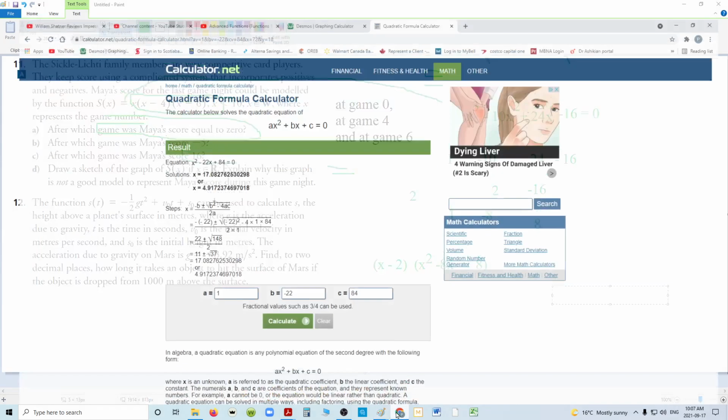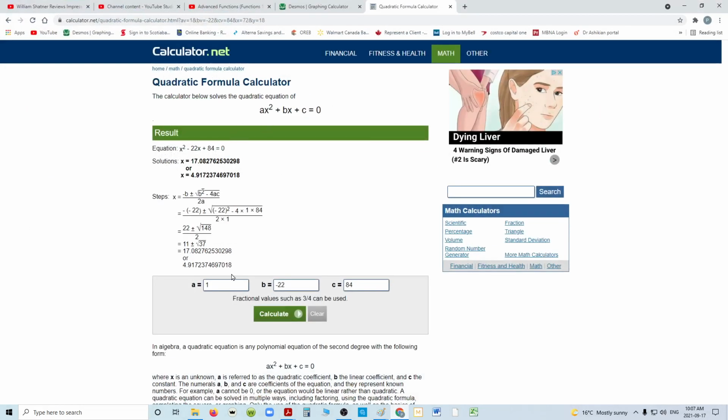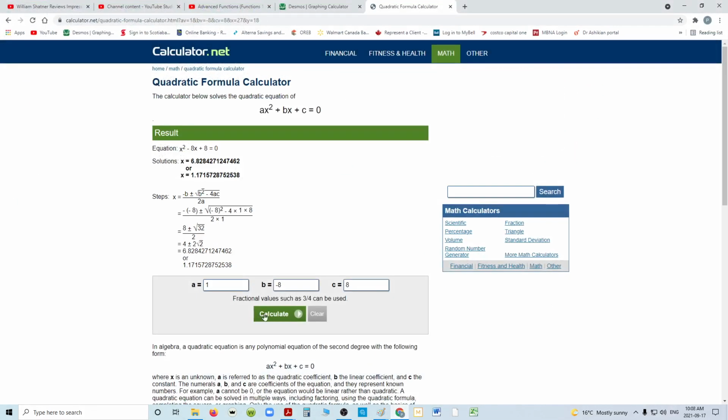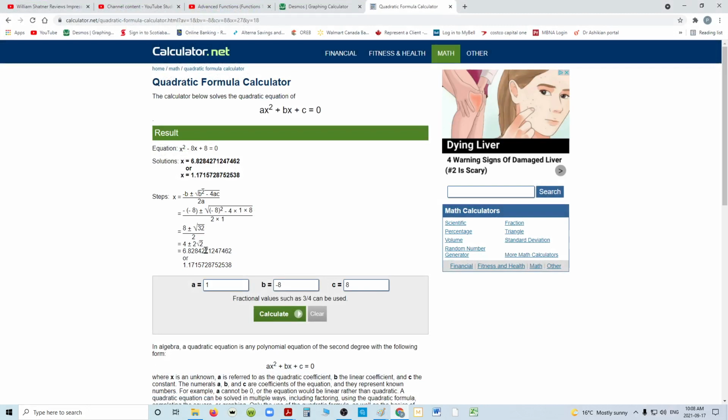We're going to use our quadratic formula. We're going to punch in 1, minus 8 and 8. Was that it? Yep. We're going to calculate, and we can see that, as suspected, we get these as possible answers.